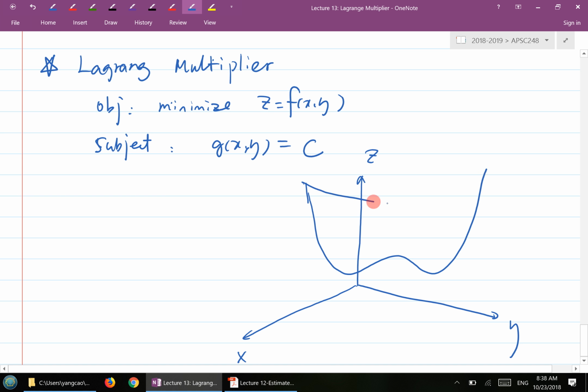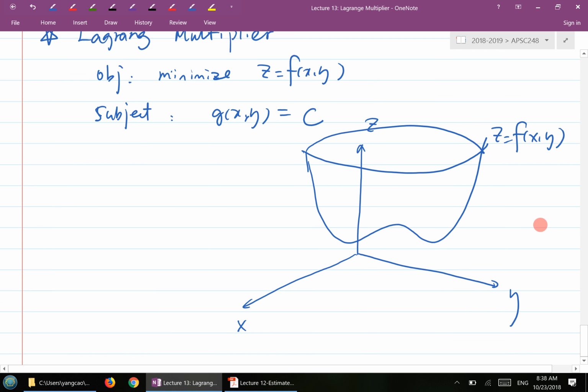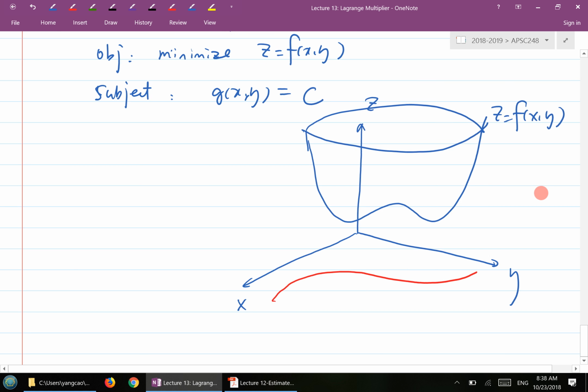So here's my favorite surface, z equal to f of xy, and we have a certain constraint g of xy equal to c. So I'm going to draw this constraint inside the xy plane here. So here is our constraint.